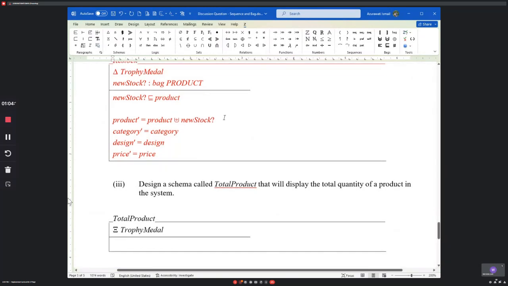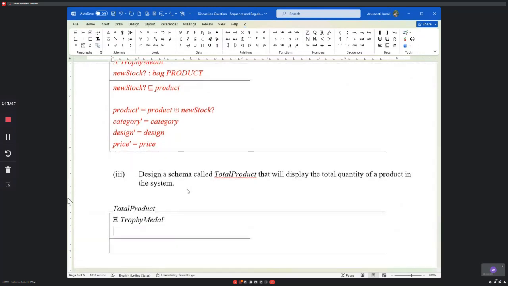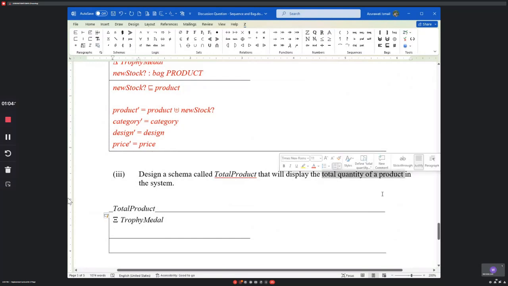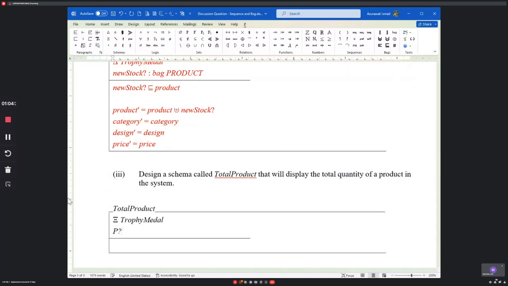Because we display the total quantity of a product, you need to know which product you want to find the quantity for. So I need the product as my input.